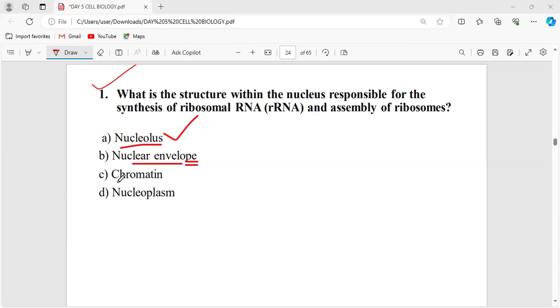Now, chromatin, we know, consists of the genetic material. And what about this nucleoplasm? What is meant by nucleoplasm?